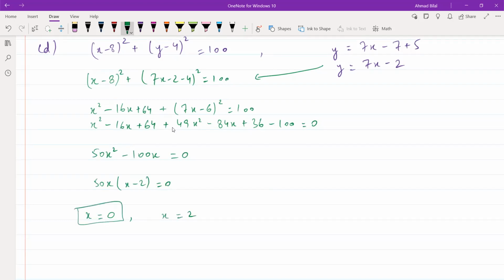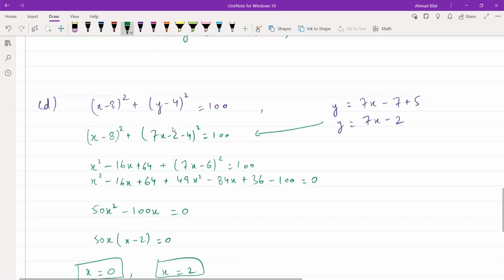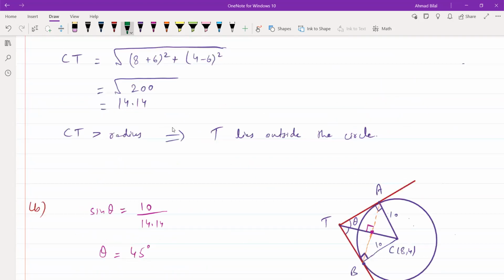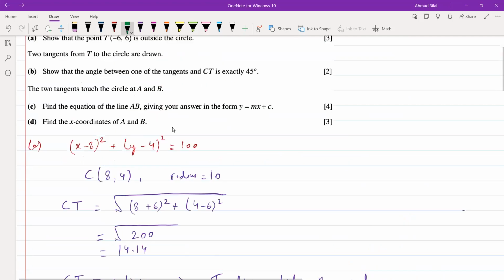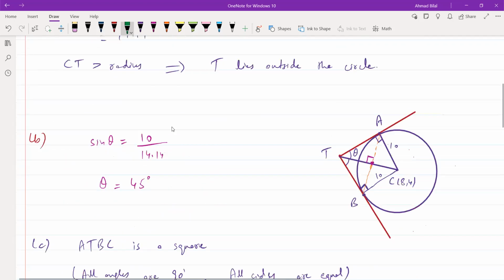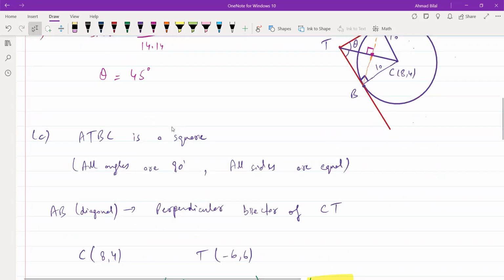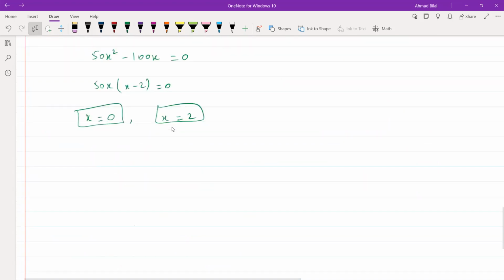These are the x coordinates that we were looking for, the x coordinates of the points A and B. A is on the right, B is on the left. So you can say this is the x coordinate of B, and this is the x coordinate of the point A.